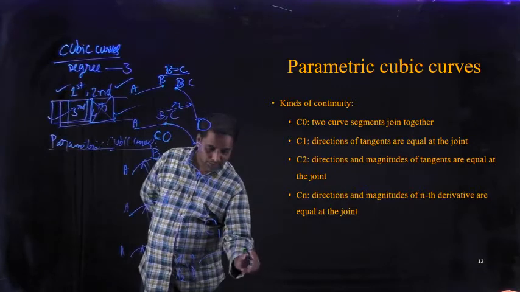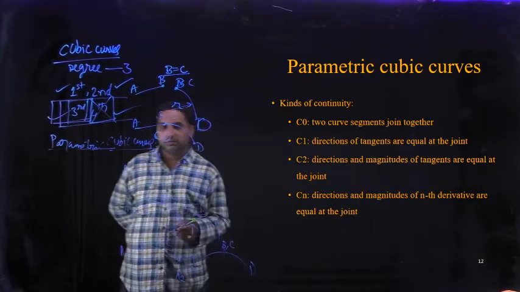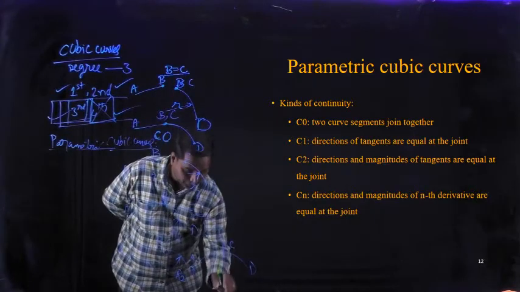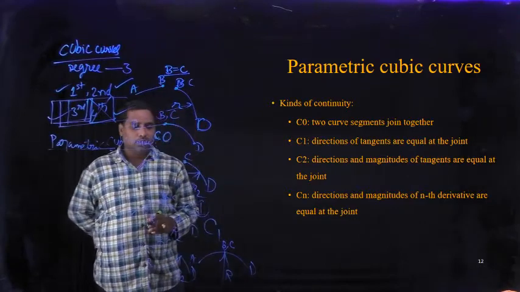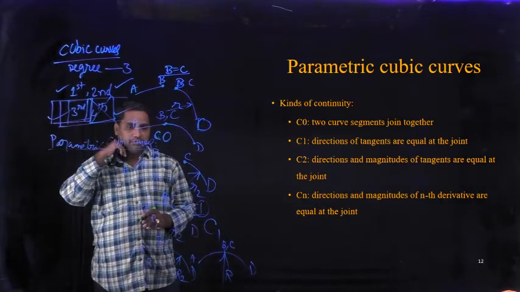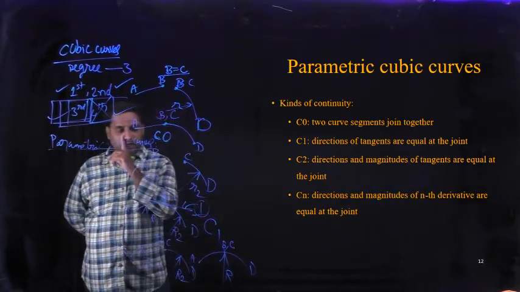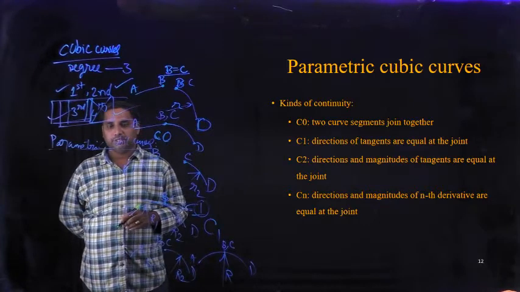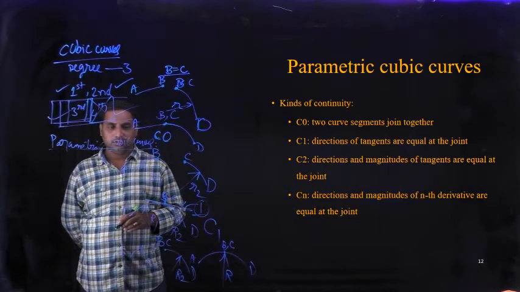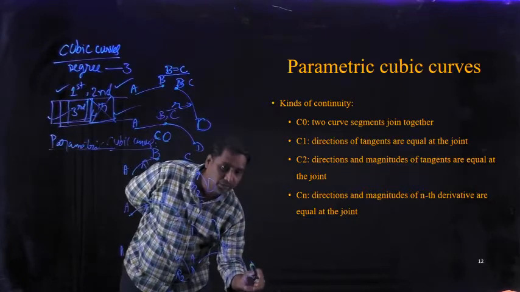A, D, at this location B comma C. At this point, if the common radius, the radius of curvature, that is R, is equal for AB and CD, then this is called C2 continuity. Why are we calling this C2 continuity?